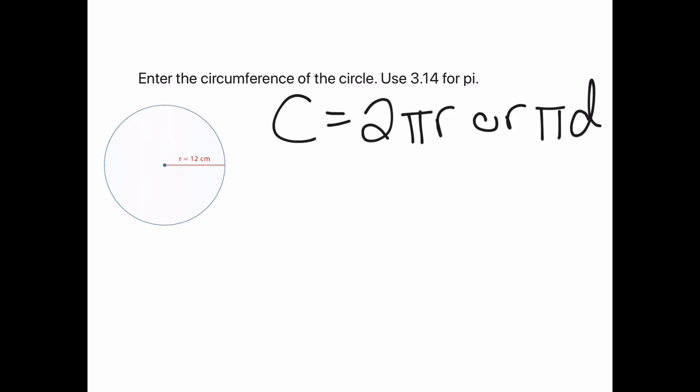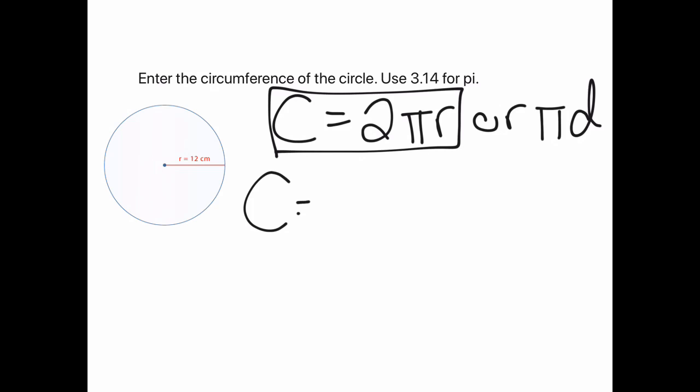Our next question asks for the circumference of a circle and to use 3.14 for pi. So our formula for the circumference of a circle is 2 pi r or pi d, and it depends on what they give us, either a radius or a diameter. Since in this particular case they've given us a radius here, we're going to use this formula.